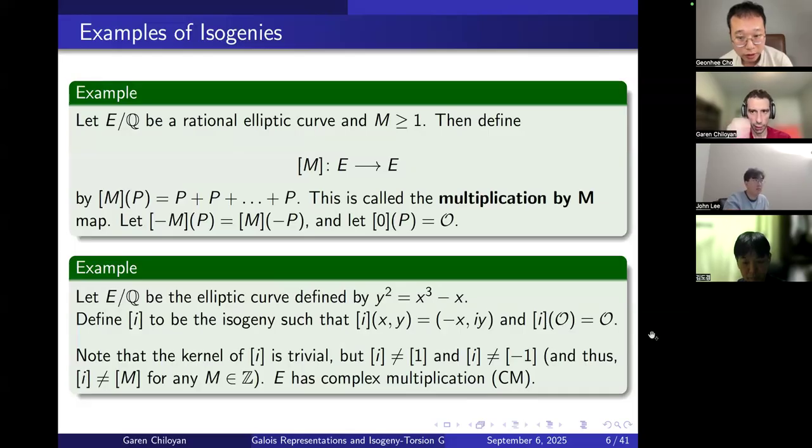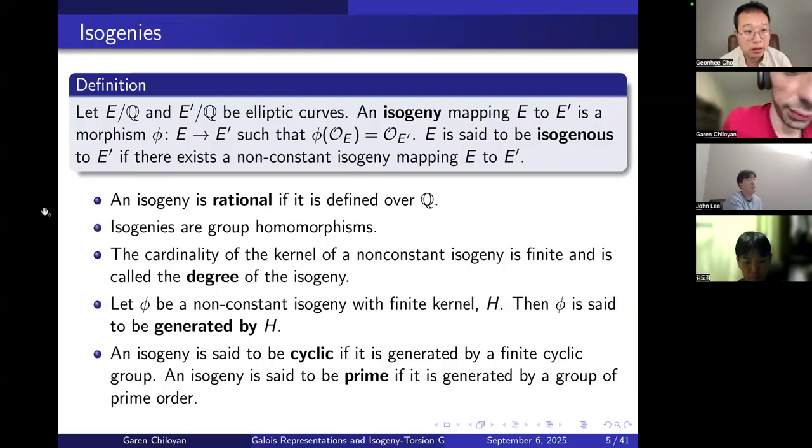May I ask one question about the previous slide, with this example? You said an isogeny is rational if it is defined over Q. If I interpret this incorrectly, let me know. We have the expression of the Weierstrass equation, so that we have a pair that consists of rational components, and this isogeny maps to a new pair, and each of the components should be rational.